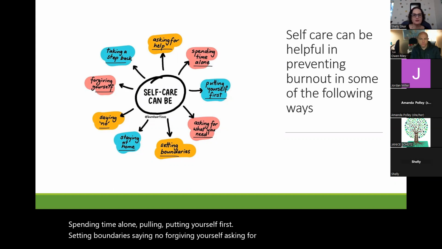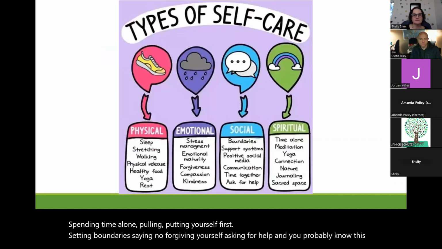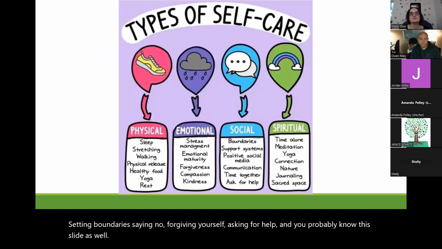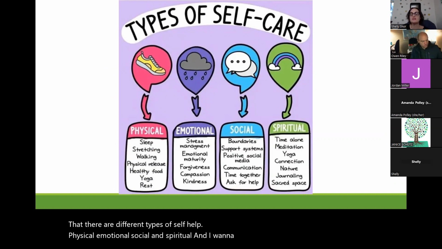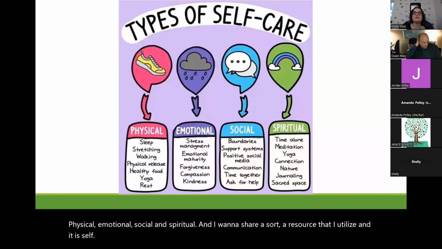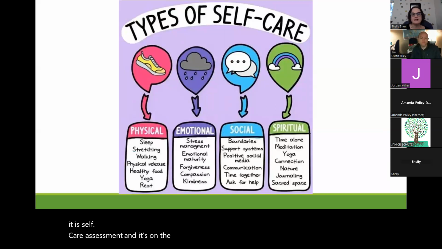And you probably know this slide as well, that there are different types of self-care: physical, emotional, social, and spiritual. And I want to share a resource that I utilize, and it is a self-care assessment, and it's on the Philadelphia Toolkit.